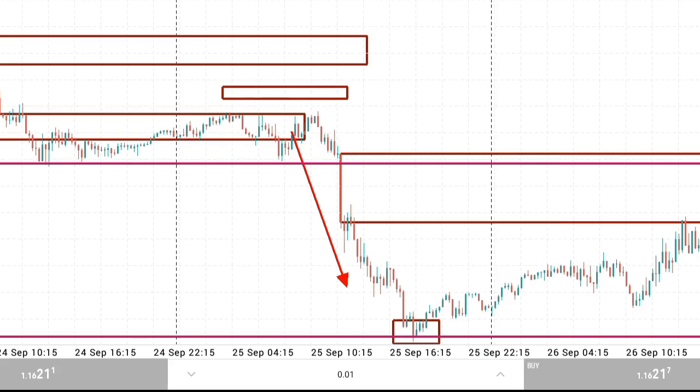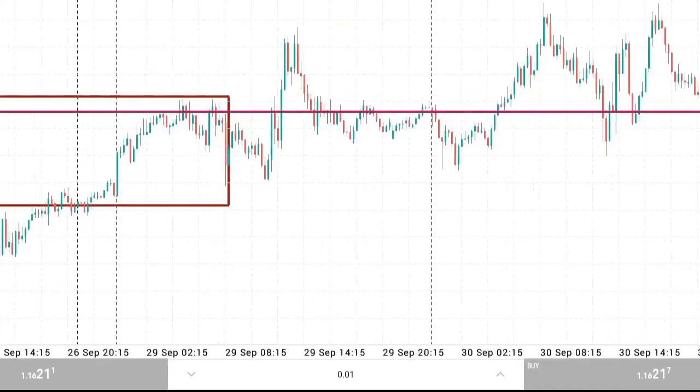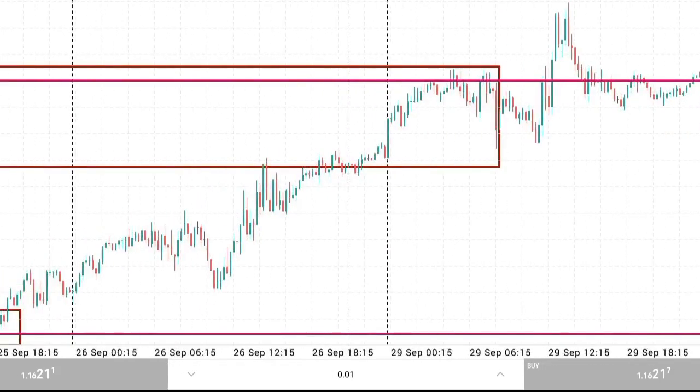The rule of demand and supply is that once there is demand, price increases when buyers dominate. Price, you see, is going up. It is proof that there is a dominance of buyers. Prices are increasing.